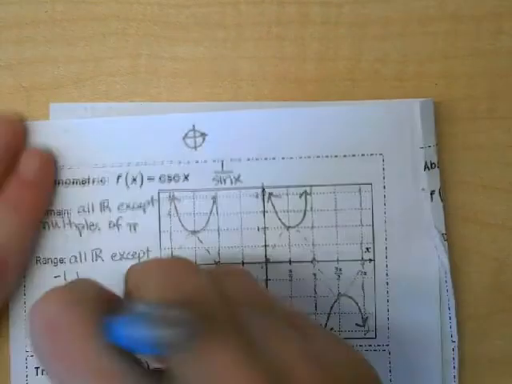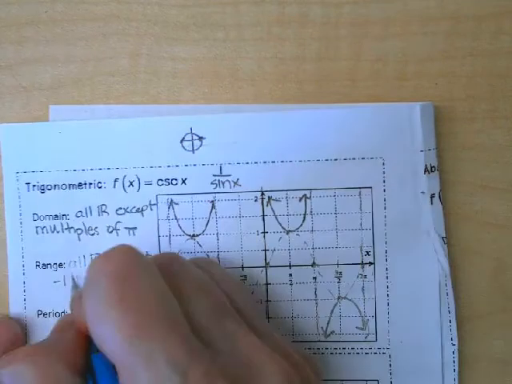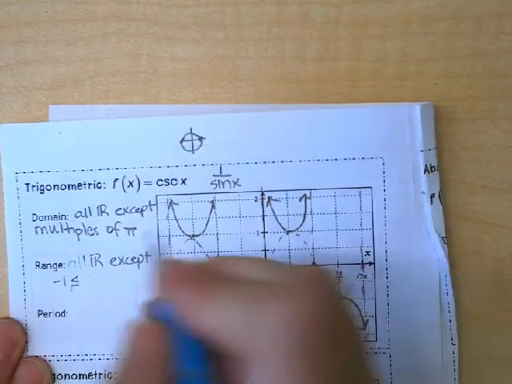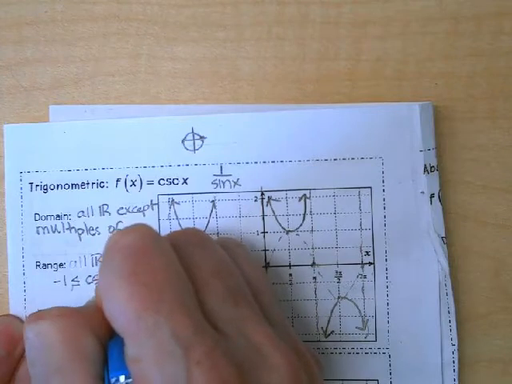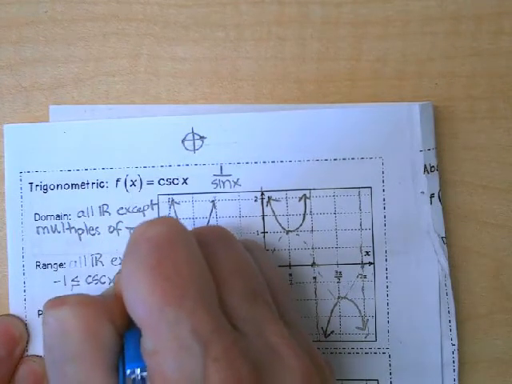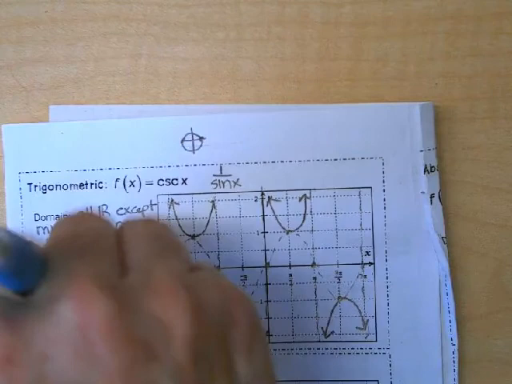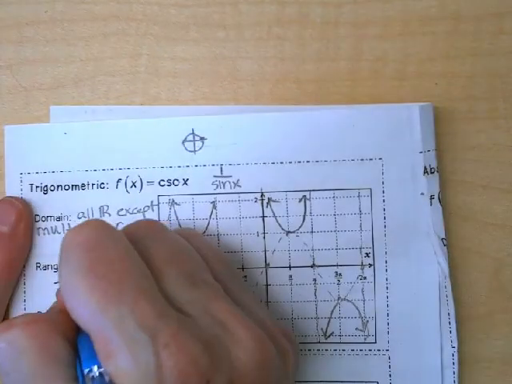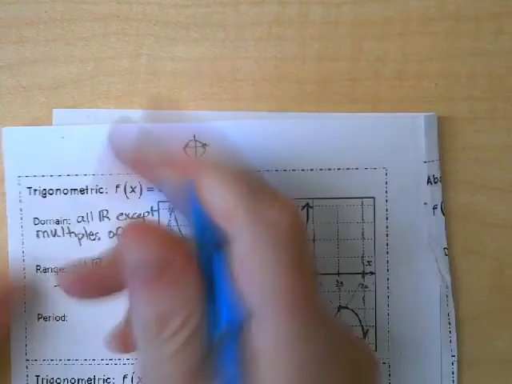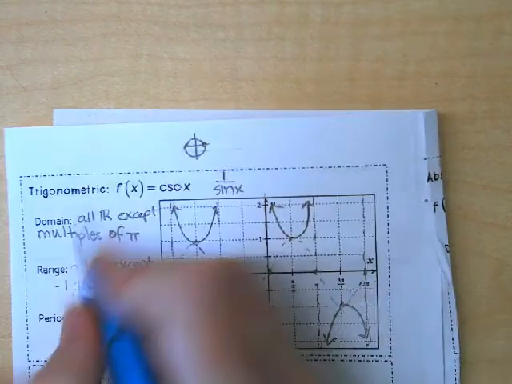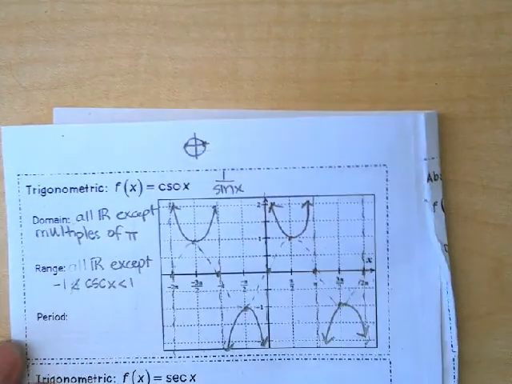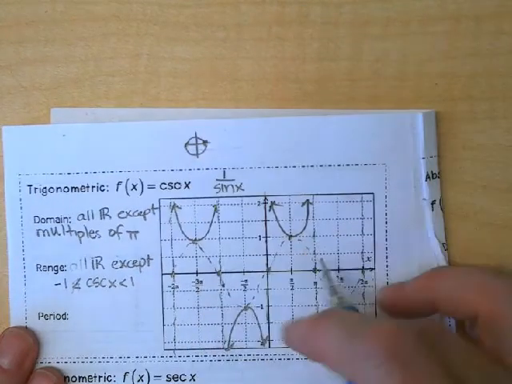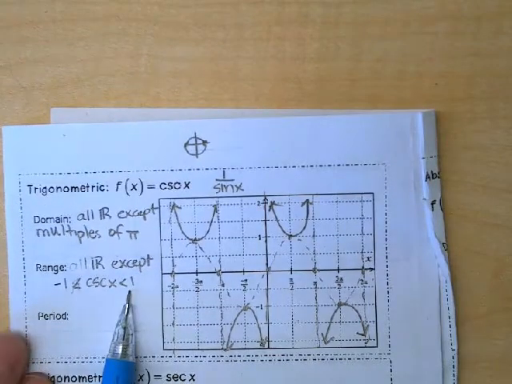And maybe I should write this differently, because it can equal -1 and it can equal 1. So I shouldn't have, oh my gosh, it's Friday. Okay, so except those numbers. So it's everything out here except that.